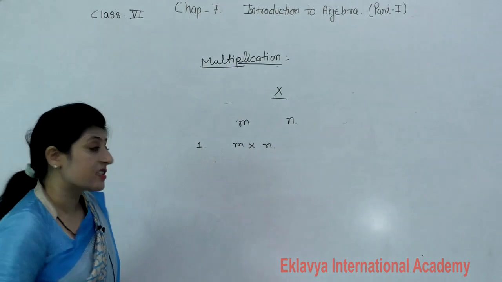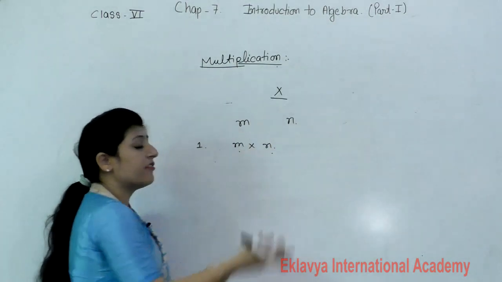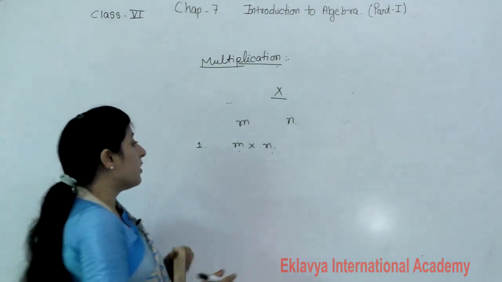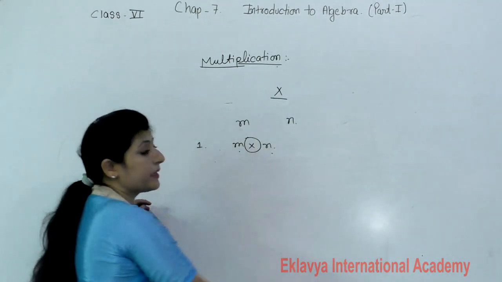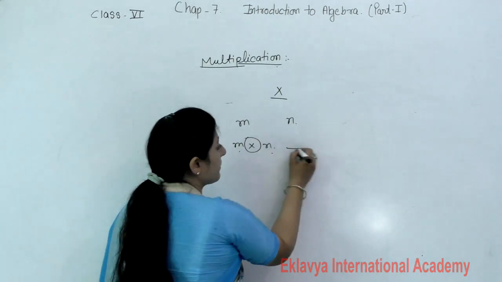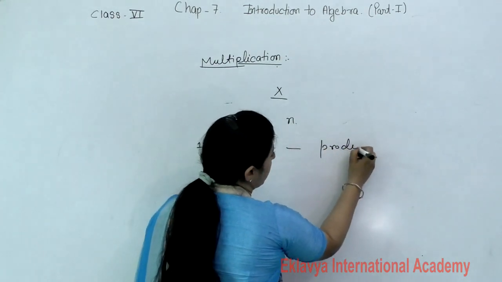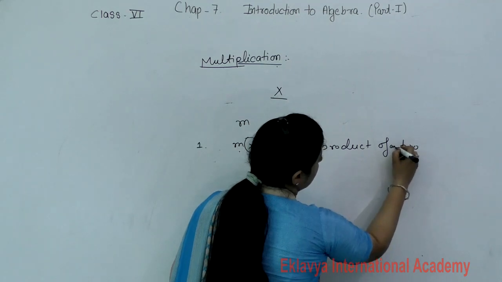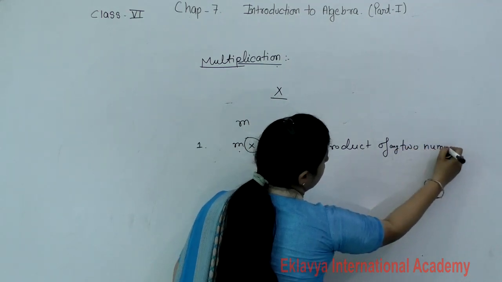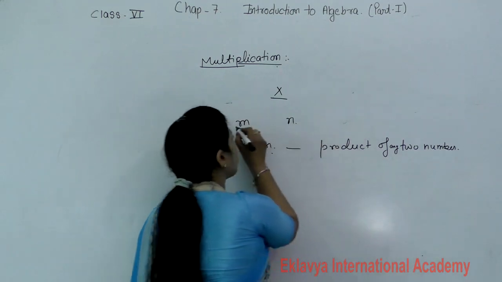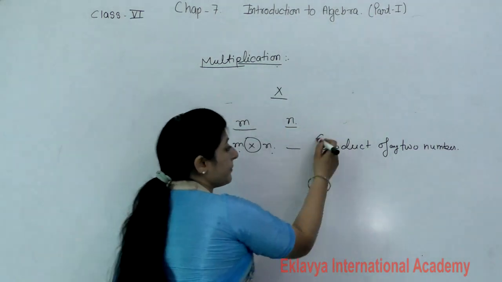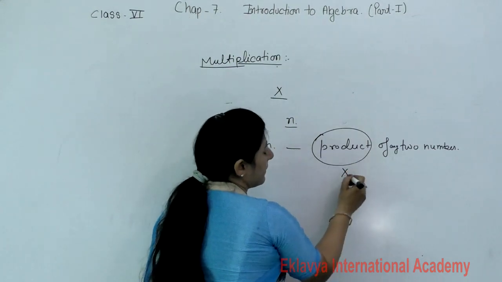In this case, maybe both value are different or maybe both value are same. So we use the multiplication sign, and sometimes it is called product of any two number. So we take one number is m, another number is n. Product means also multiplication.